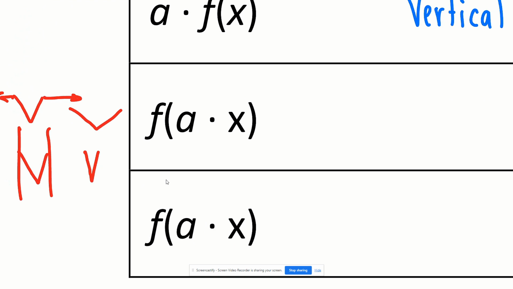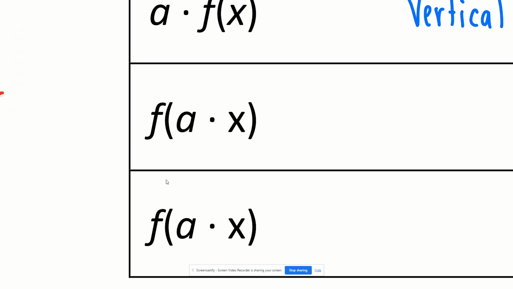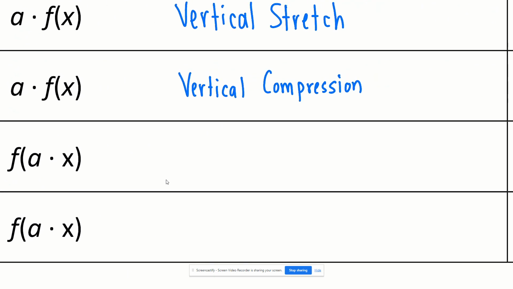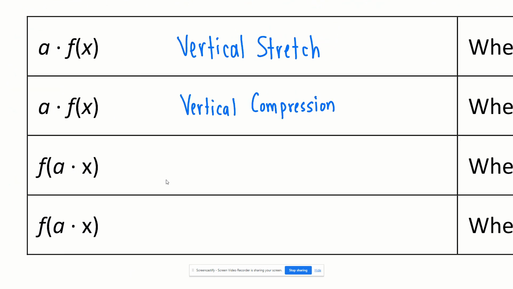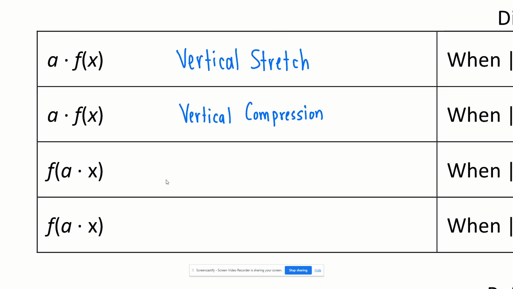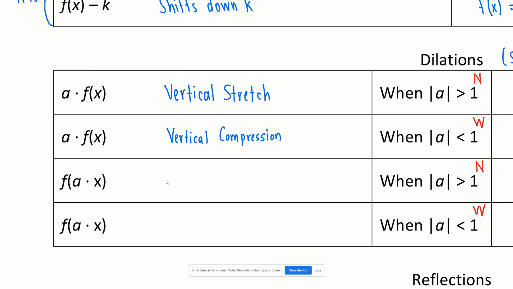So, with that being said, and I hope that you can see my visuals. If you can't, then I'll explain it to you maybe a little bit better using a visual tomorrow when I get back. But when I multiply by an A value that's greater than 1 on the inside, it actually gets horizontally compressed.